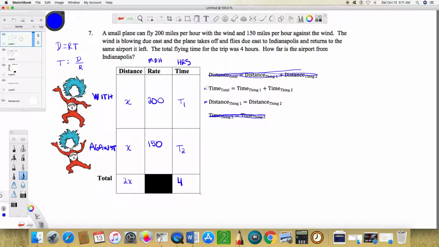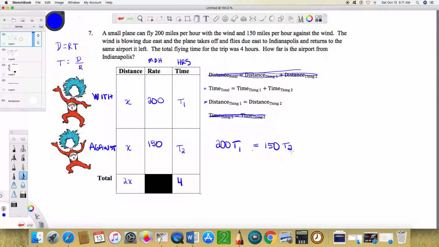Generally, when they give me the total time or the total distance, that's the one I gravitate towards. But let's try this distance for thing one and thing two this time and see if we can figure it out. Distance is rate times time. So 200 times t1 should be equal to 150 times t2.